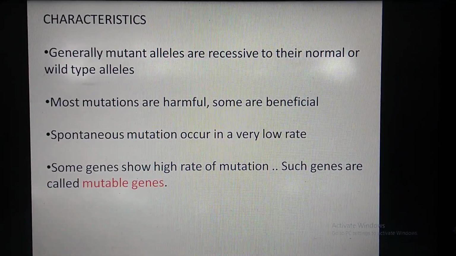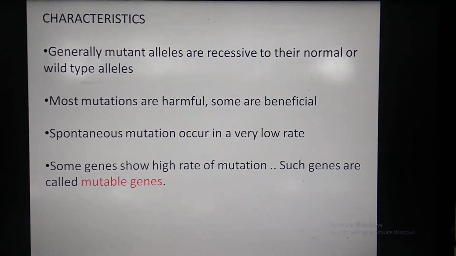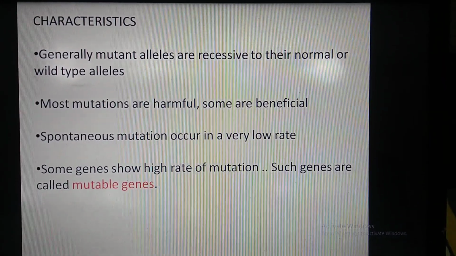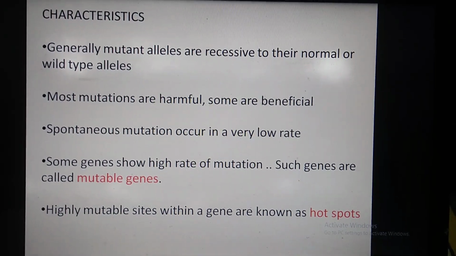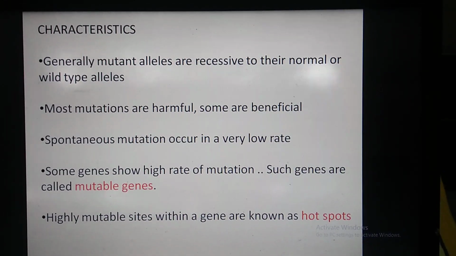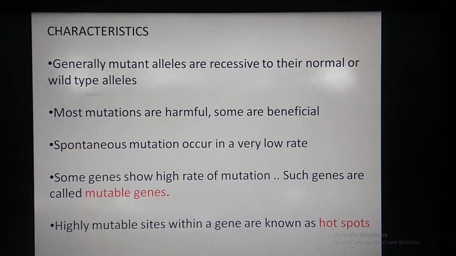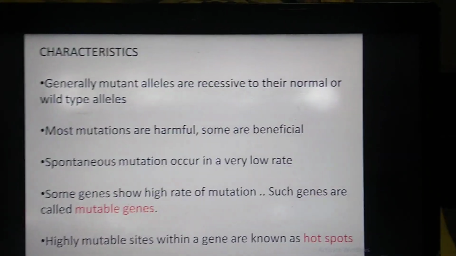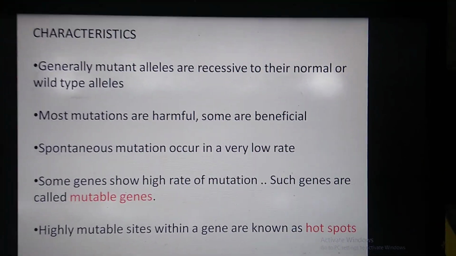Some genes show higher rate of mutation than other genes. Such genes are called mutable genes. And highly mutable sites within a gene are known as hotspots. So hotspots are positions of a certain gene where mutation occurs more frequently than other sites.